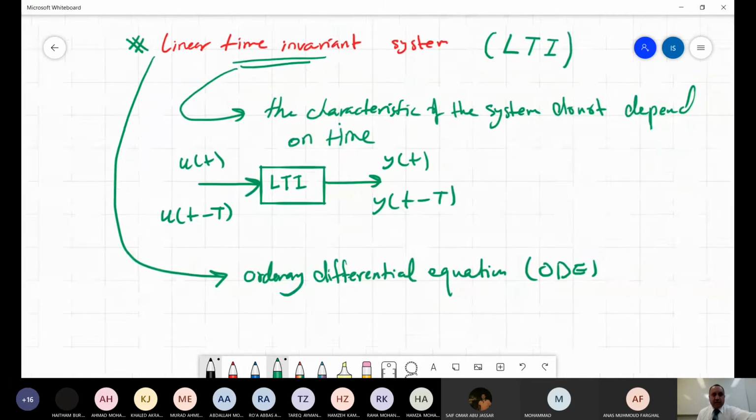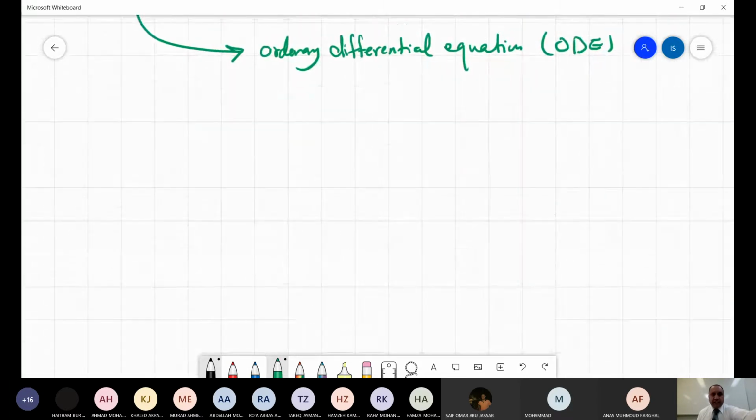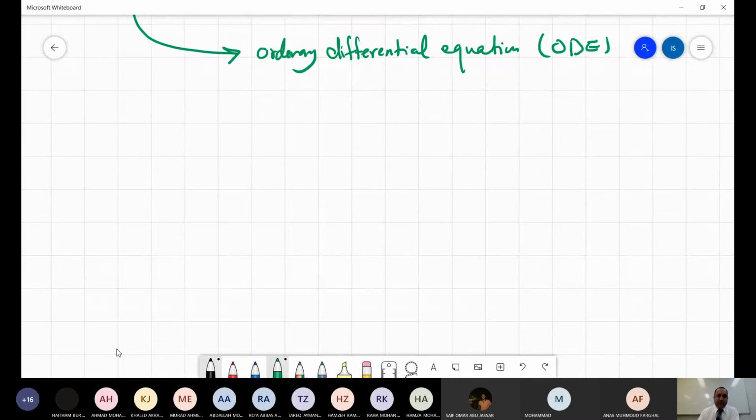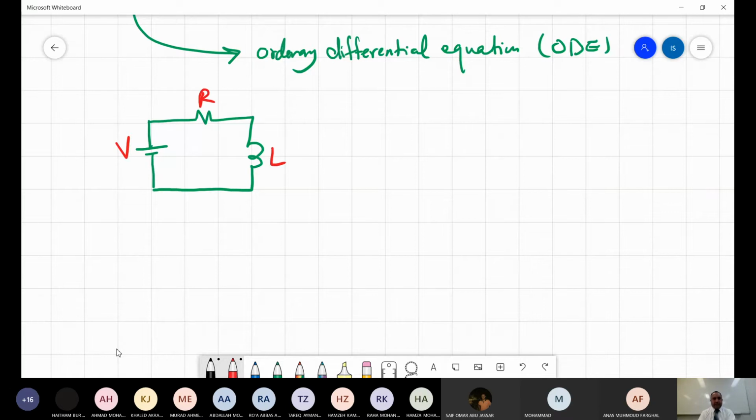And you know that the ordinary differential equation is linear if the coefficients of the differential equation are constant. So for example, let's assume the following circuit. This is an RL circuit, correct?